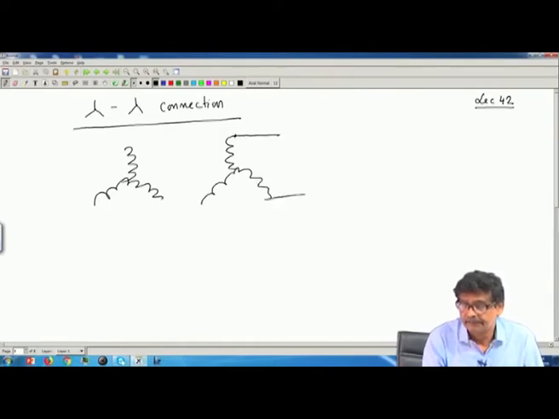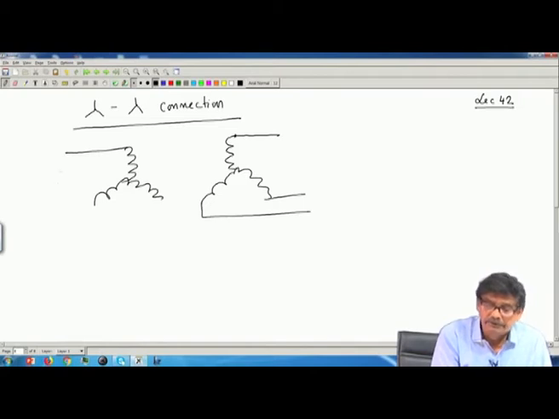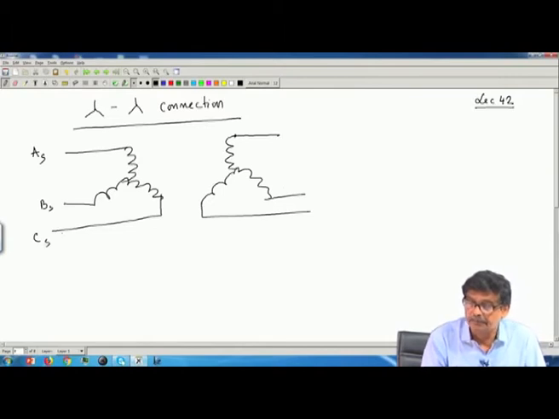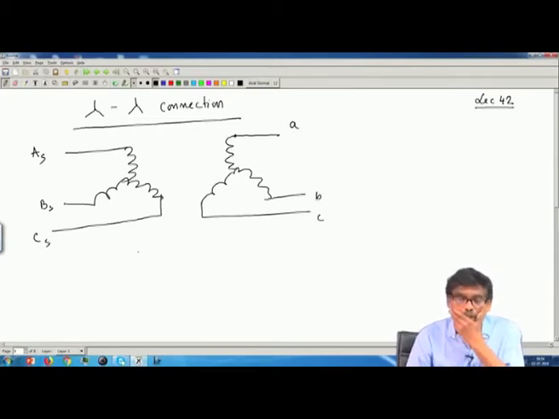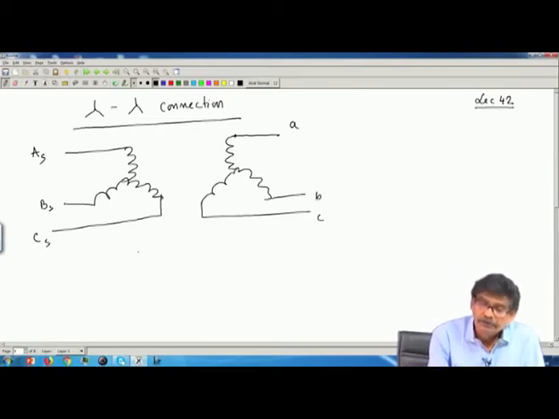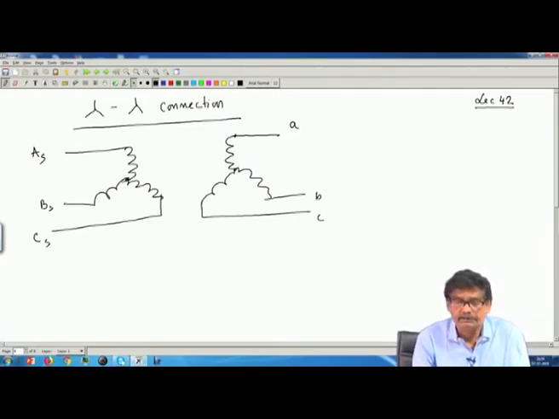And I will connect it to the supply A, B, C. Here the output is A, B and C, star star connection.